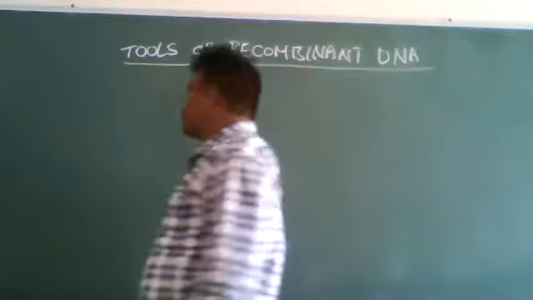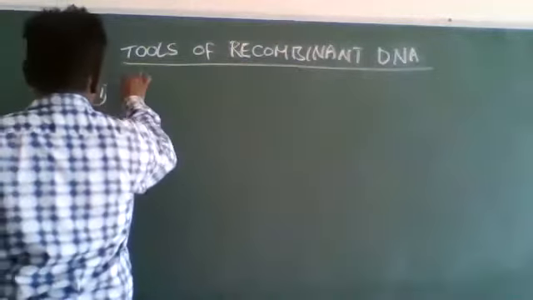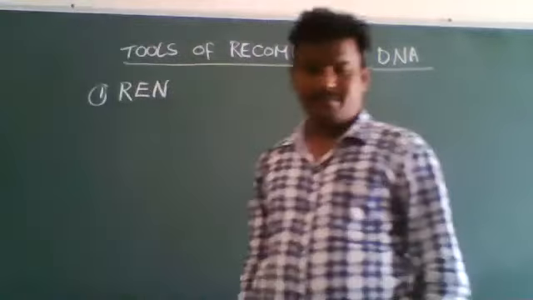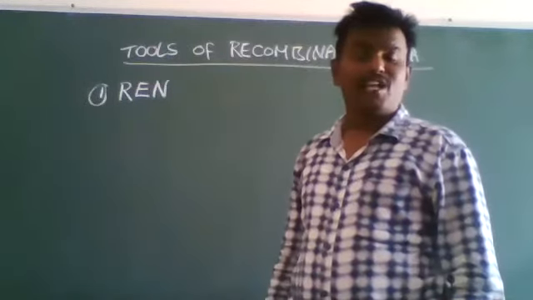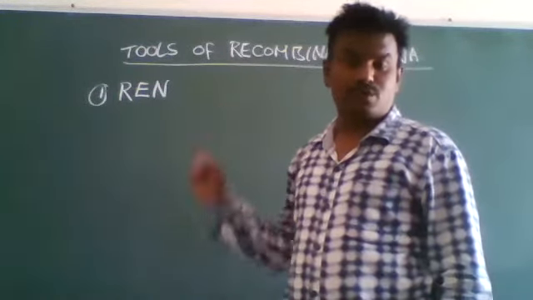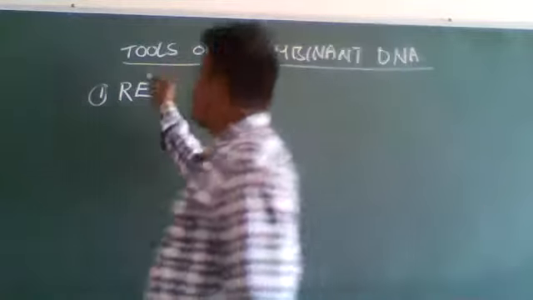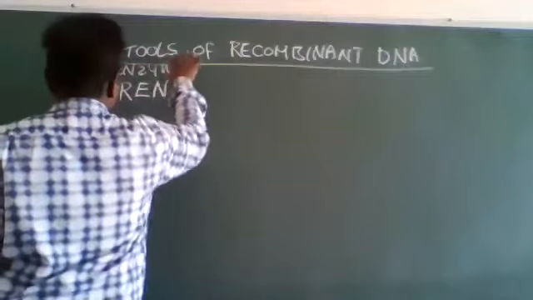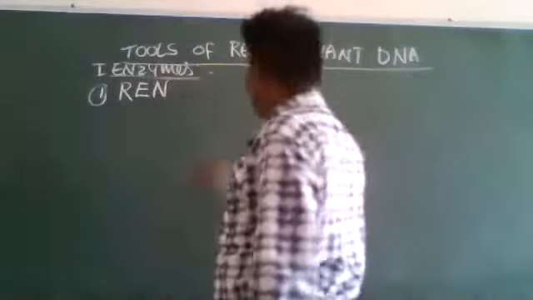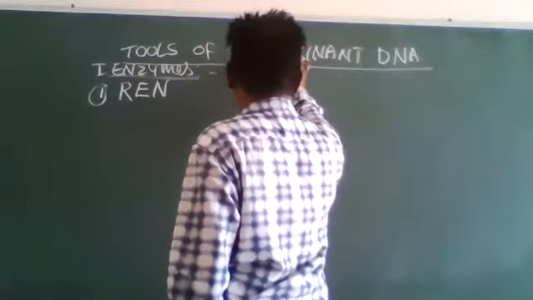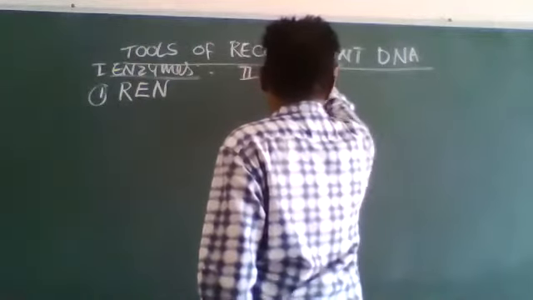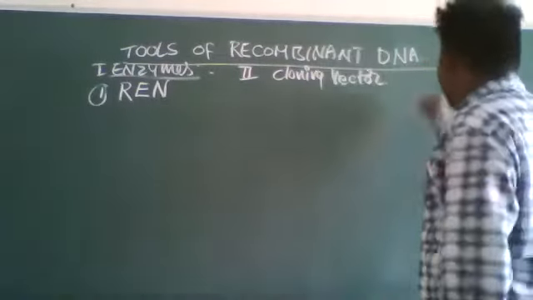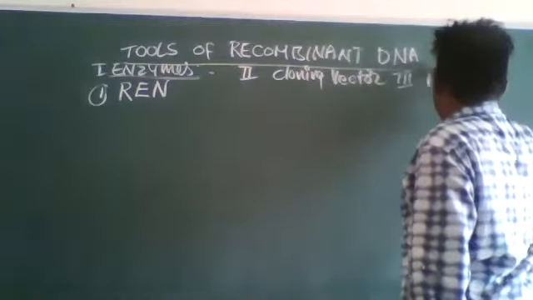The first one is enzymes, restriction endonuclease. The second one is the cloning vector. The third one is the host.